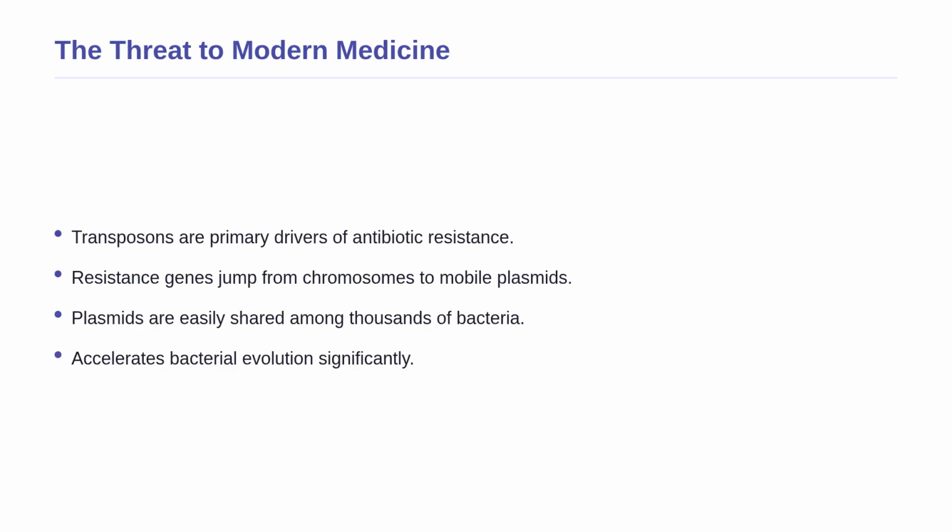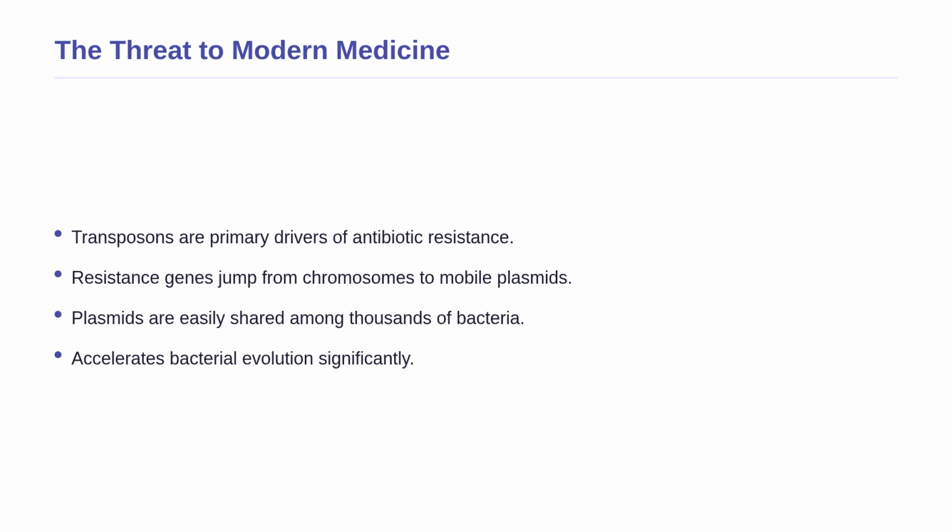Now that we have seen how transposons physically alter DNA, we must ask, why does this matter to us? The reality is that bacterial transposons are one of the biggest threats to modern medicine. They are the primary drivers of antibiotic resistance. When a complex transposon carrying a resistance gene jumps from a main bacterial chromosome onto a mobile plasmid, it creates a dangerous situation.